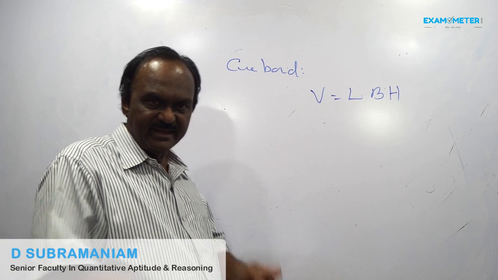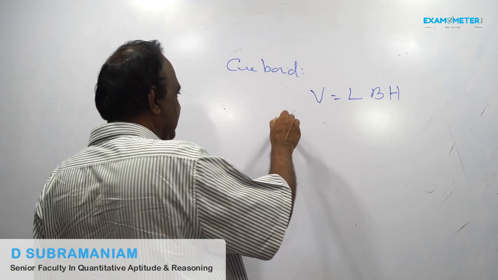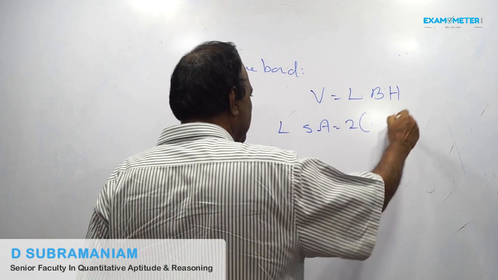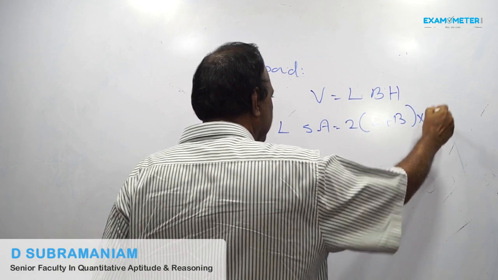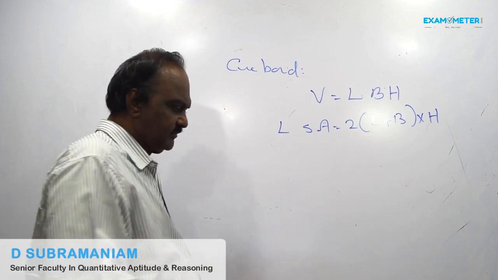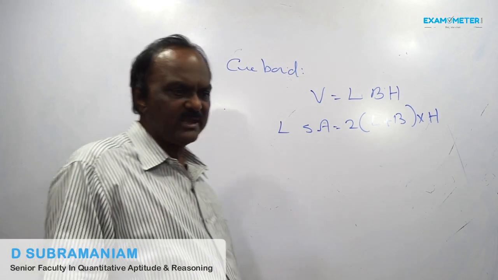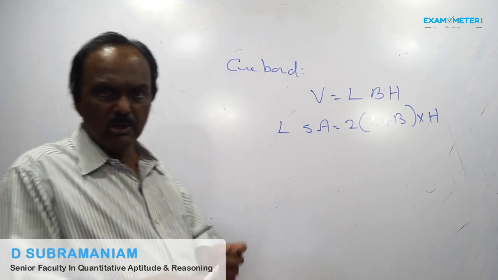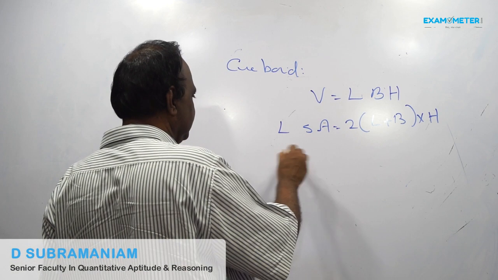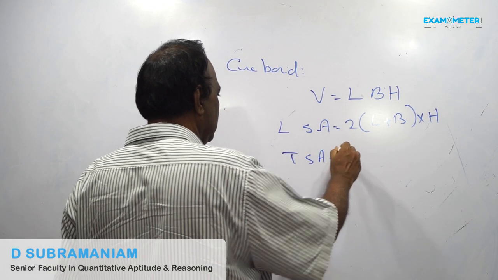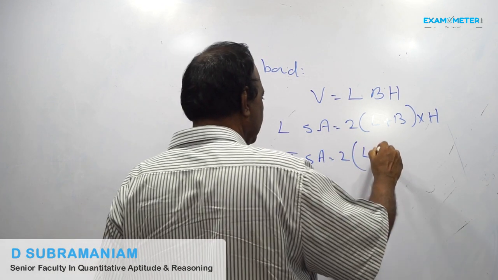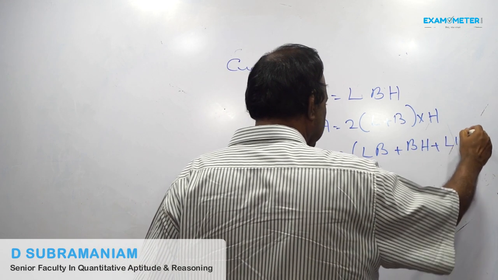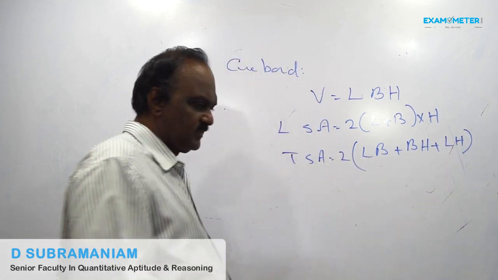Lateral surface area is 2 into (L plus B) into H. Total surface area is 2 into (LB plus BH plus LH).